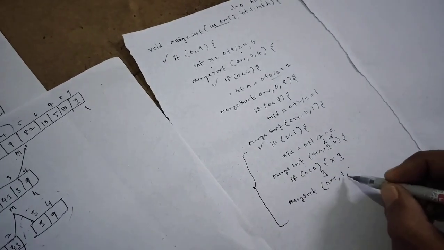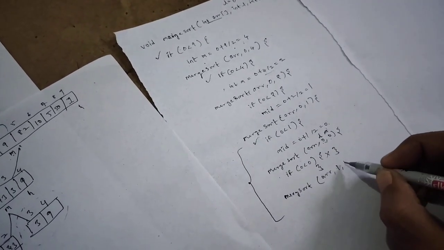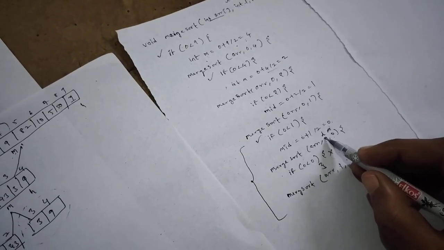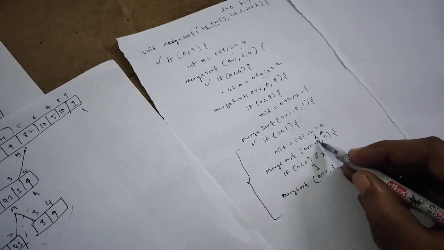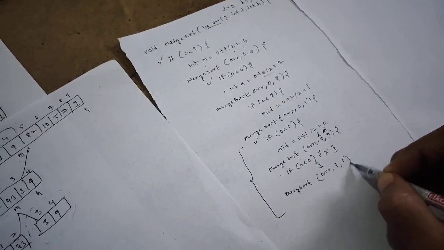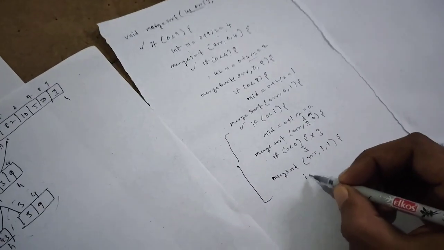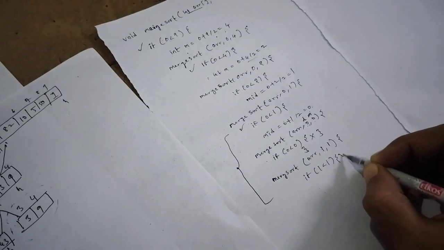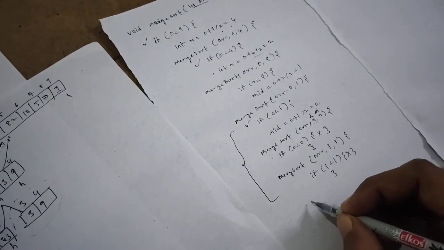When it comes to this, it is mid plus 1, right? Mid plus 1, and the high is 1. So if 1 is less than 1, it's also not executed.